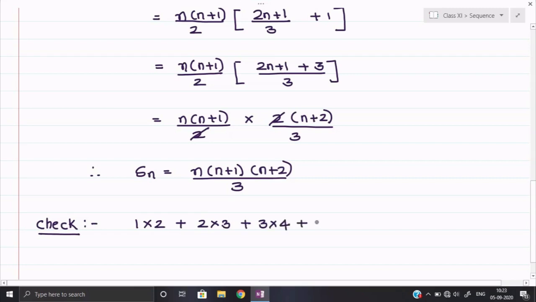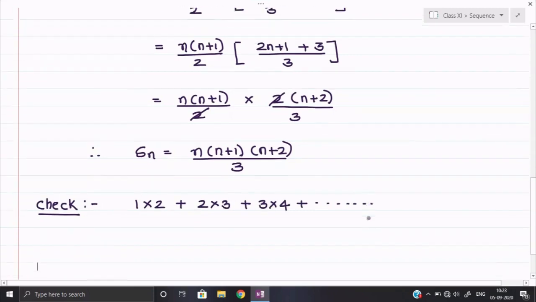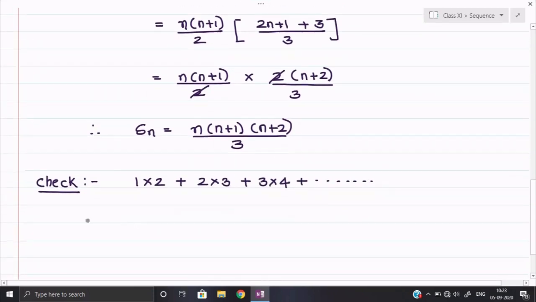I am finding the sum first of all manually up till 3 terms. So the sum up to 3 terms, what do we get? Manually we shall find out first. That will be 2 plus 2 into 3, 6, and 3 into 4, it will be 12. So I think it will come to 20.